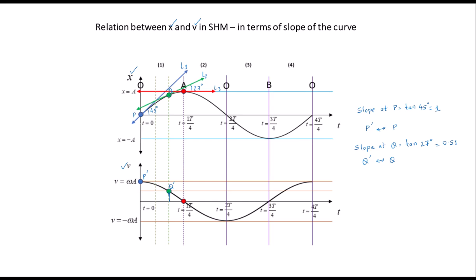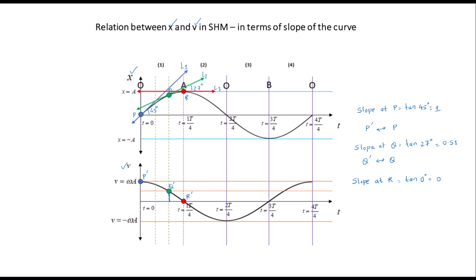Let's say we consider this point as R. What is the angle that the tangent at R makes with the horizontal direction or the x-axis? That will be tan 0 degree, and tan 0 is 0, and therefore the point R dash on the velocity time graph represents the slope of the tangent at point R on the displacement time graph.